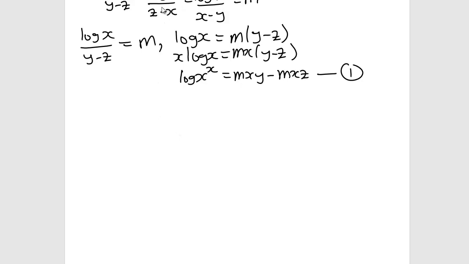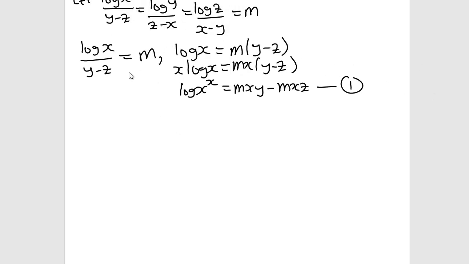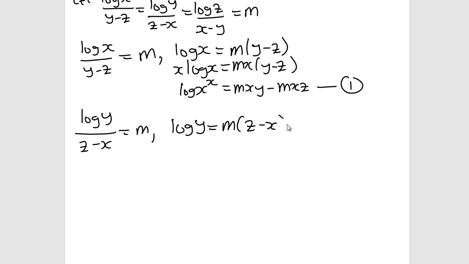Now let's do the same for the next term. The following term is log of y all over z minus x equal to m. Multiplying through by the denominator, we have log of y equal to m into z minus x. From here, we multiply through by y.